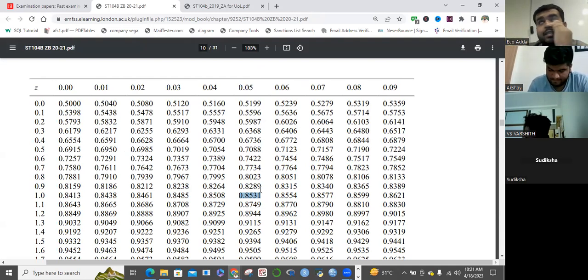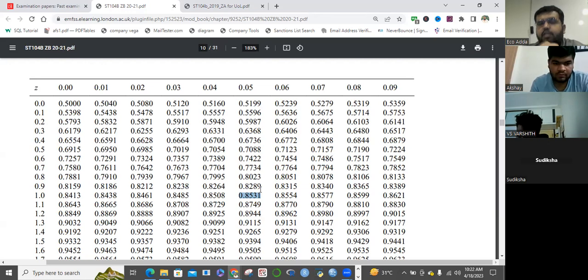Reading both the row and the column was a little difficult. For the columns I counted 1, 2, 3, 4 after the Z. Okay. So you need to count starting from 0, not from 1. You need to start from 0, Vijay.